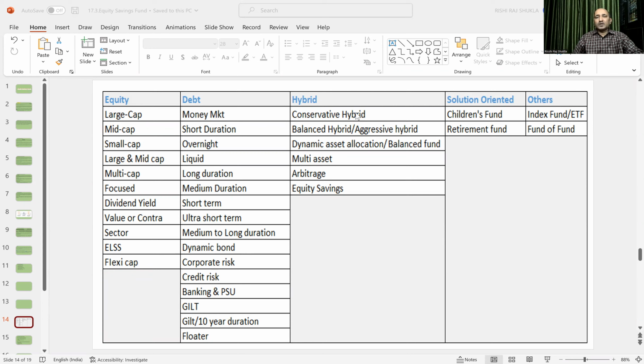Then we come to hybrid fund. Under hybrid fund, we have already seen conservative hybrid fund. Then we have seen arbitrage hybrid fund. And today is the turn of equity savings fund. Of course, balanced hybrid, dynamic, all we will see in coming videos.